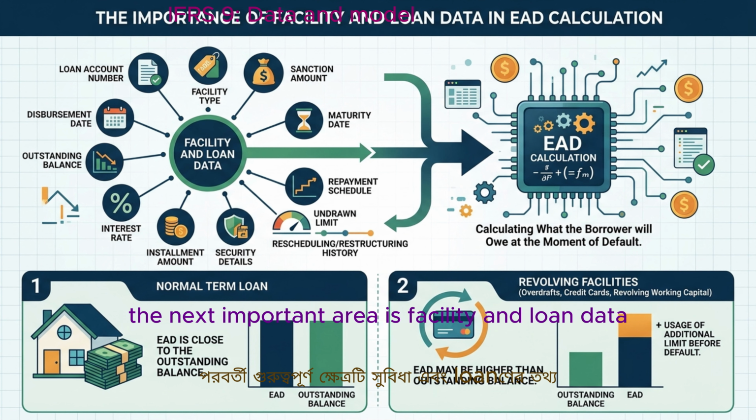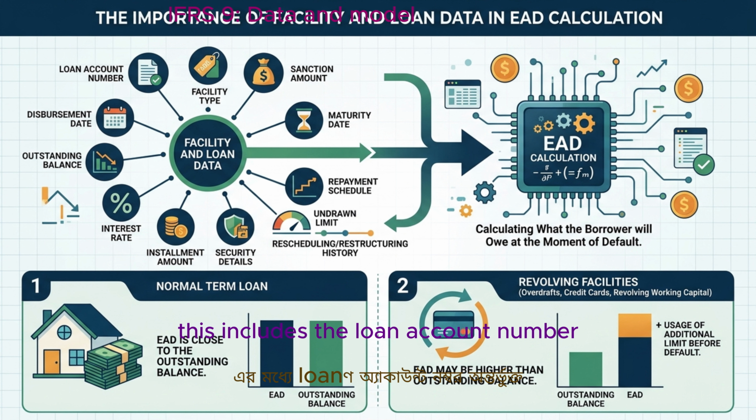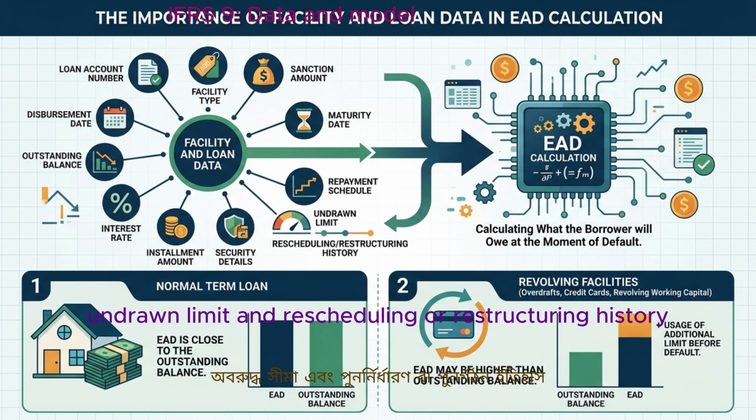The next important area is facility and loan data. This includes the loan account number, facility type, sanction amount, disbursement date, maturity date, outstanding balance, interest rate, repayment schedule, installment amount, security details, undrawn limit, and rescheduling or restructuring history.